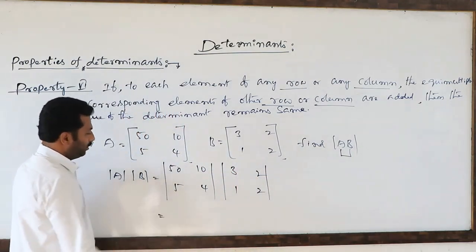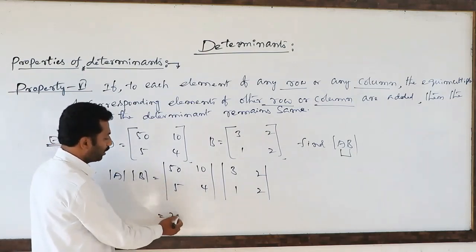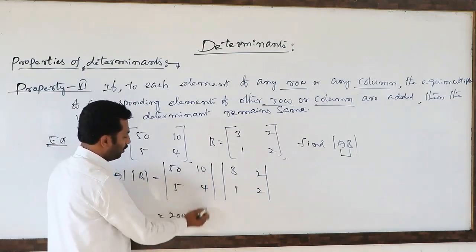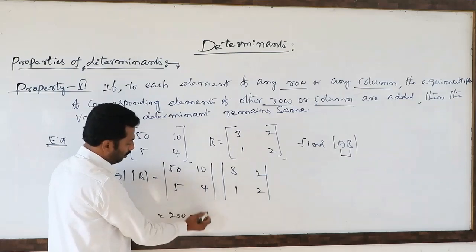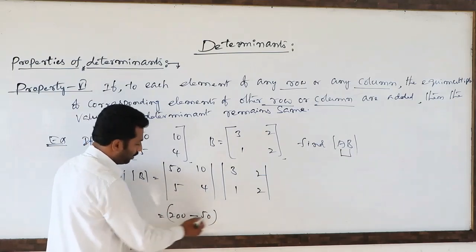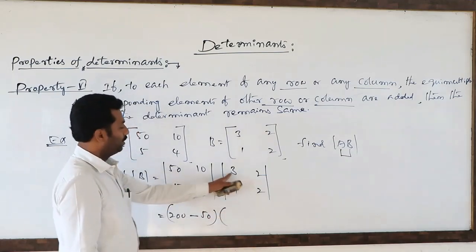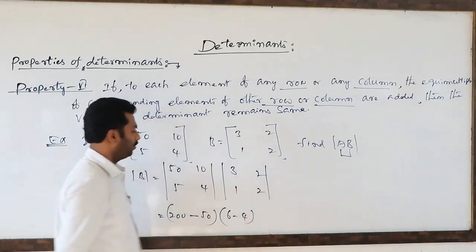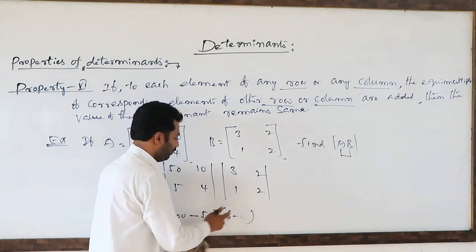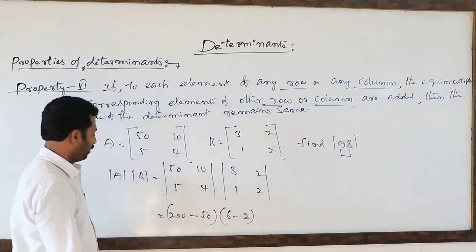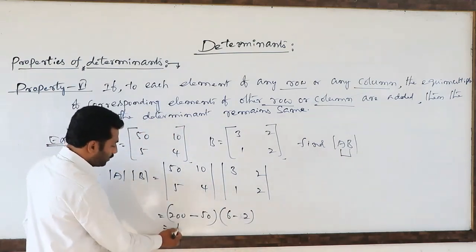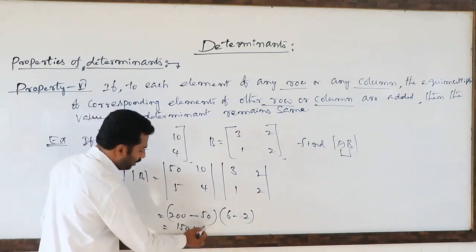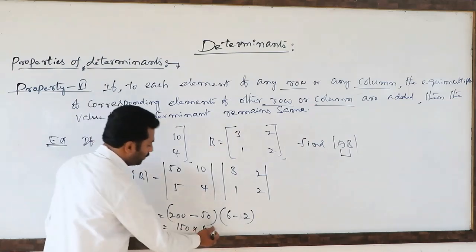So this is 60 minus 50, and next, 6 minus 2, which gives 150 into 4. It is 600.